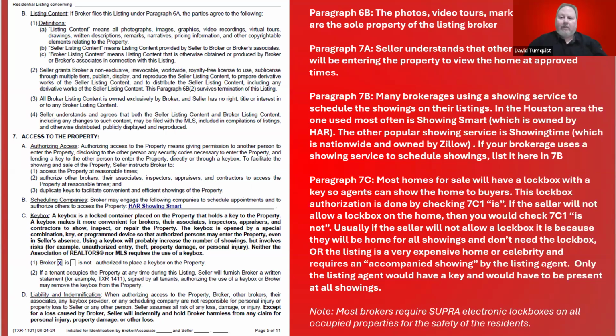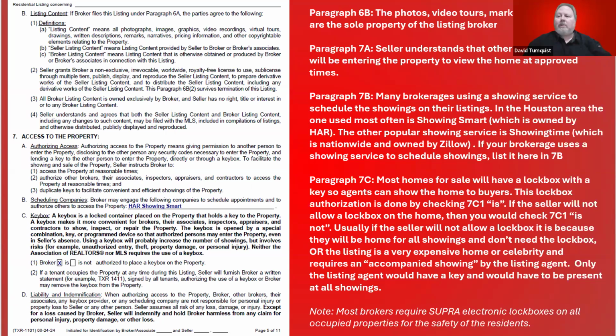It's very, very similar to a much more well-known system called Showing Time. Showing Time has been around for many years. It's nationwide, and a lot of brokerages use them, a lot of agents use them. But Showing Time charges now, and Showing Time is owned by Zillow, which a lot of agents don't like.